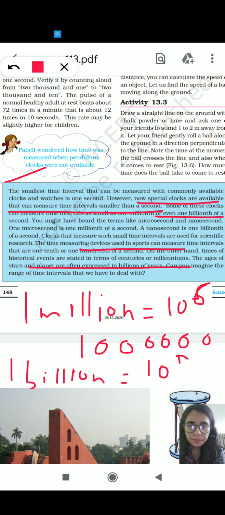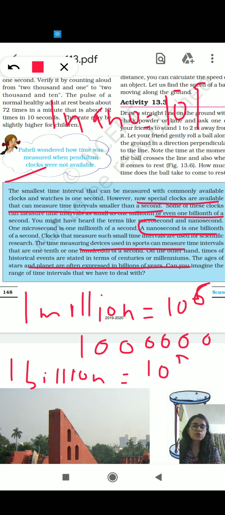For example, I can teach you the nanosecond. Now what is nano? Nano means 10 raised to power minus 9. So 1 nanosecond will be 1 by 10 raised to power minus 9.